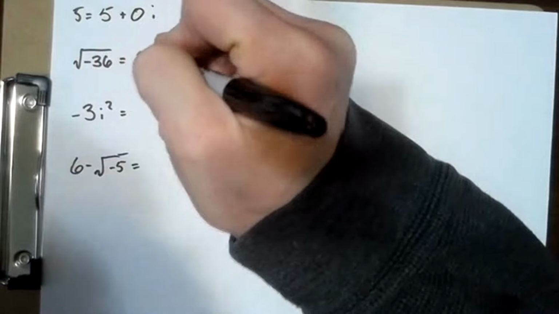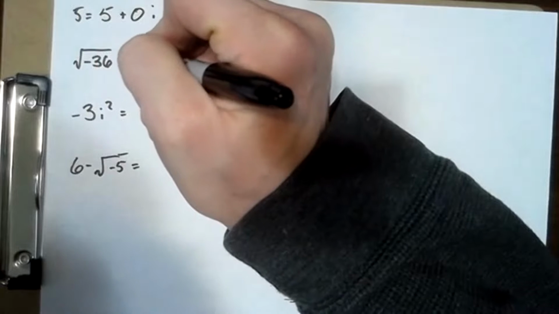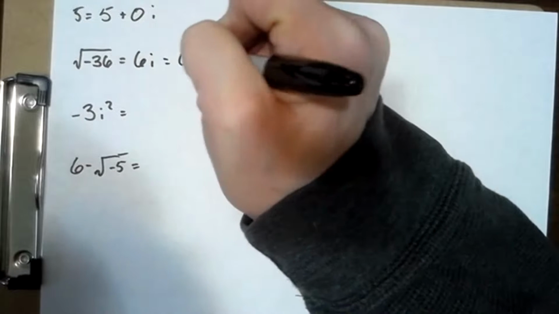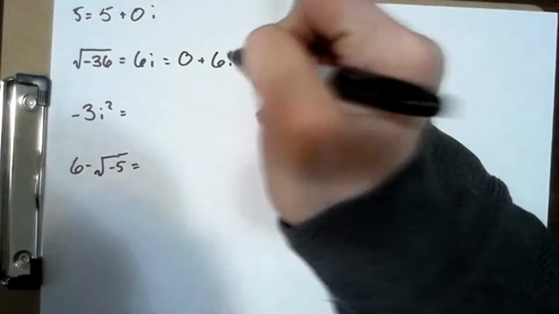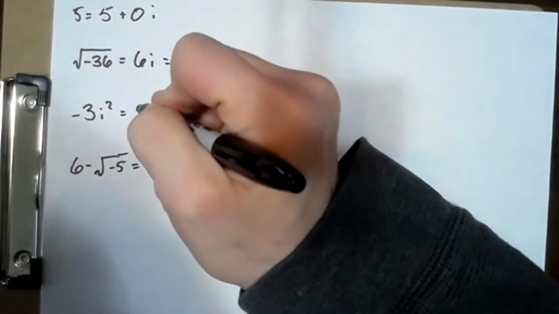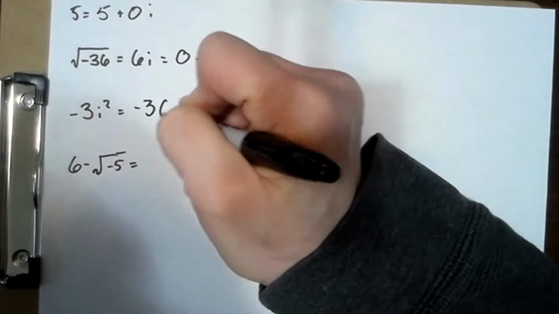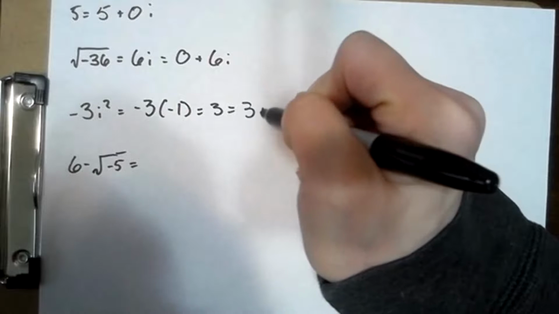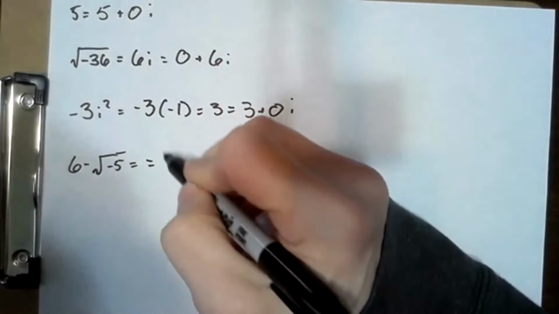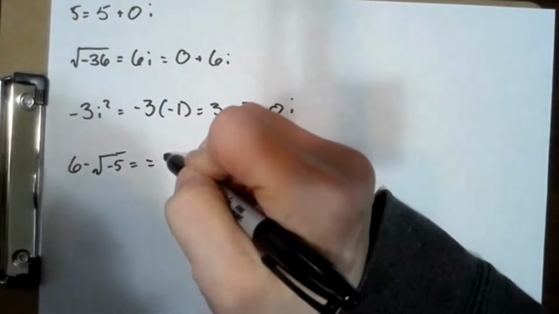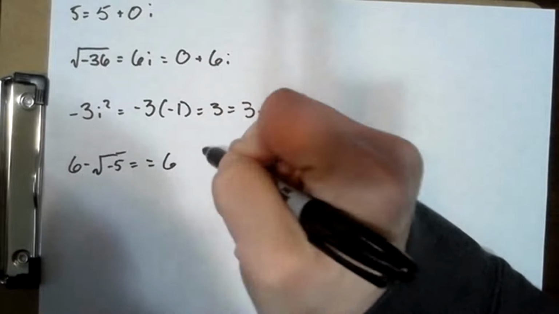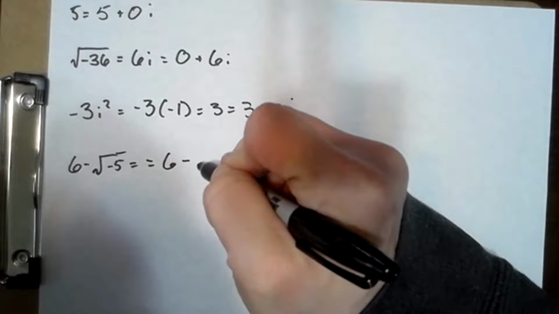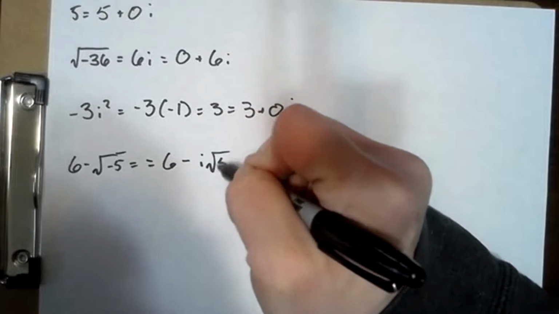The square root of -36 is equal to 6i, so this is 0 plus 6i. -3i squared is -3 times i squared, which is -1, so that's a +3, which is 3 plus 0i. And finally, we've got 6 minus the square root of -5, which is going to be 6 minus i times the square root of 5.